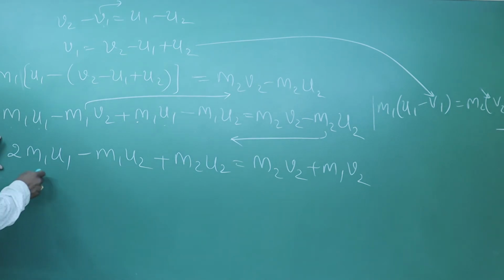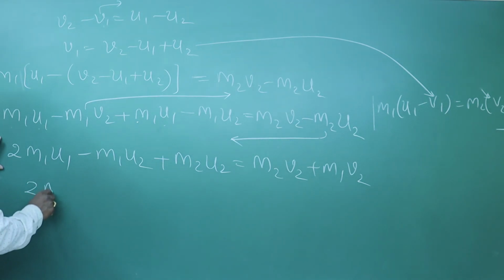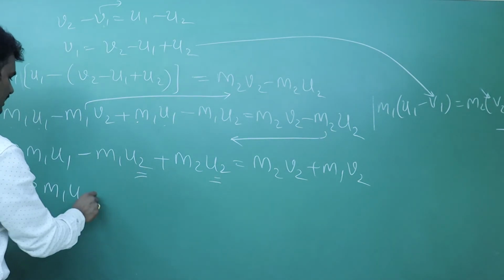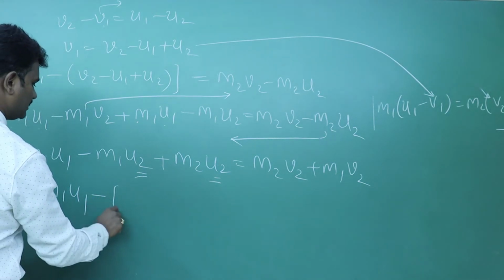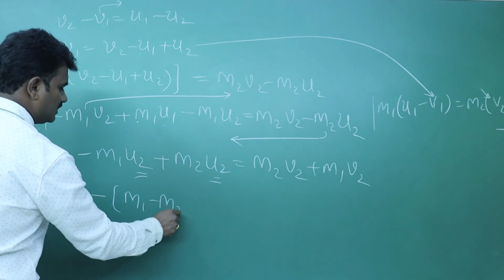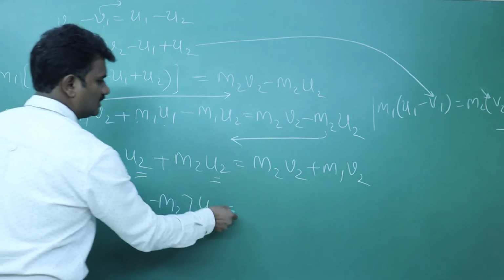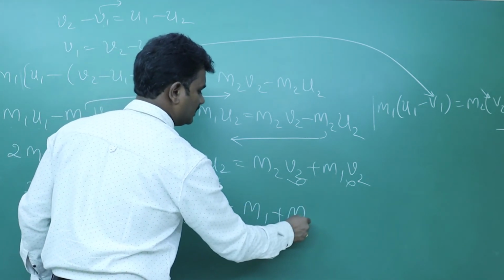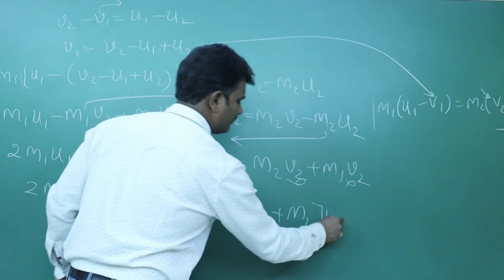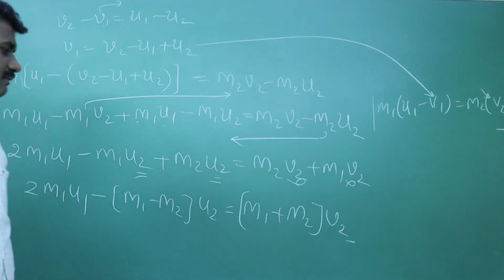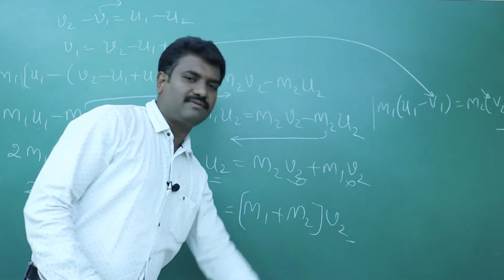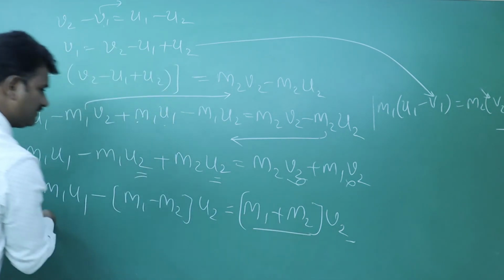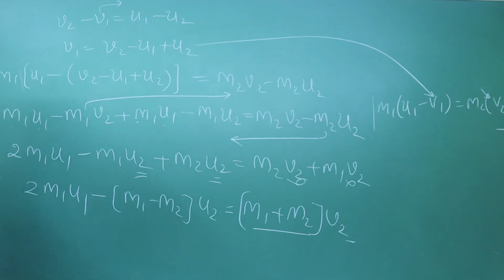Now, 2 m1 u1, I am going to take u2 as common, and also minus, it is minus of m1 minus m2 into u2 is equal to, I am going to take v2 as common, so it becomes m1 plus m2 into v2. Now what is our task? Our task is to find v2. So upon sending this towards the left, we can find v2.